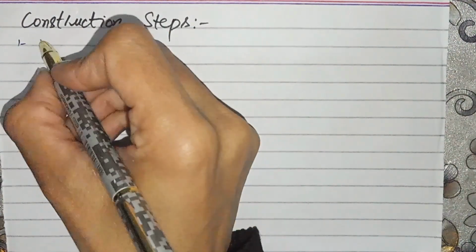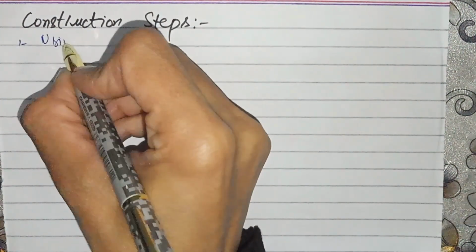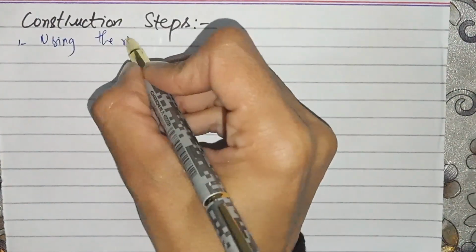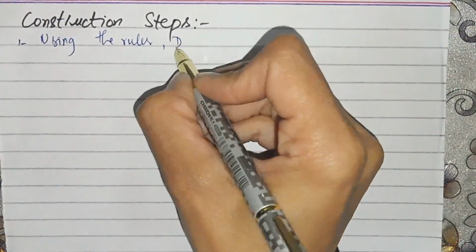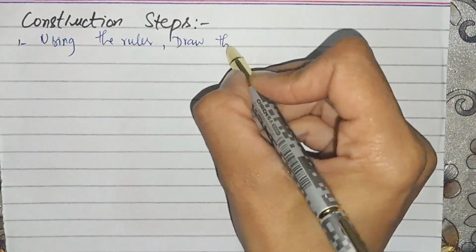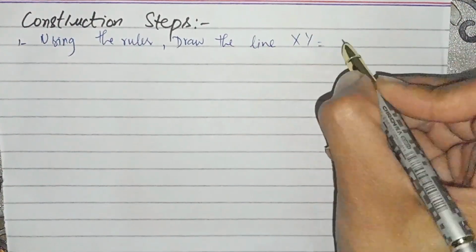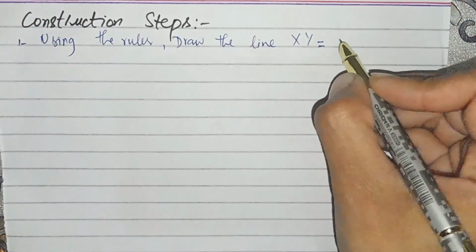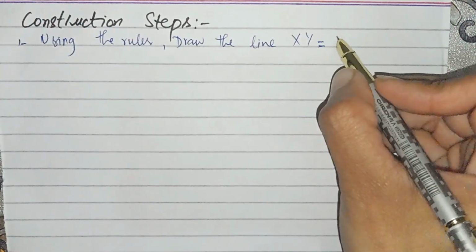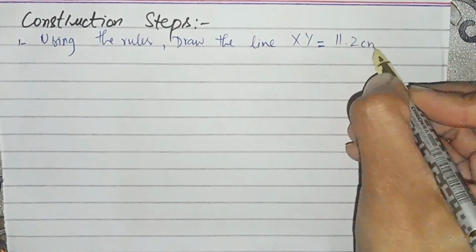Now students, point number 1, using ruler, draw the line XY, and XY is 11.2 centimeter.